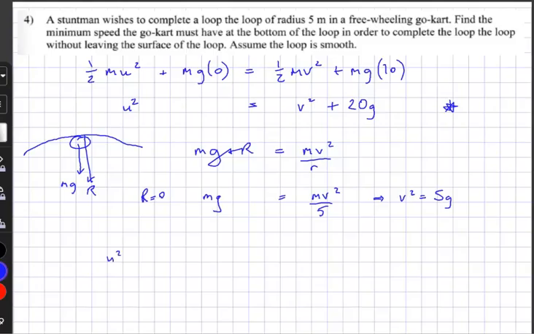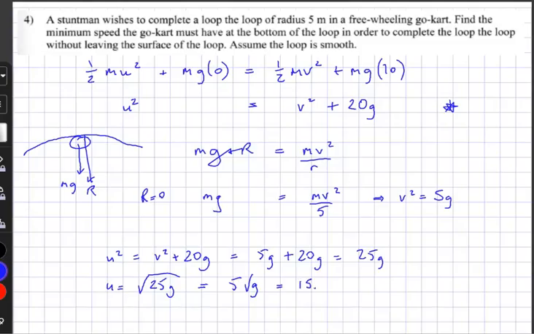So u squared is going to equal v squared plus 20g. That v squared was 5g, so 5g plus 20g gives 25g. Therefore, u is the square root of that, which is 5 root g. If we work that out in a calculator, we end up with 15.65 meters per second.